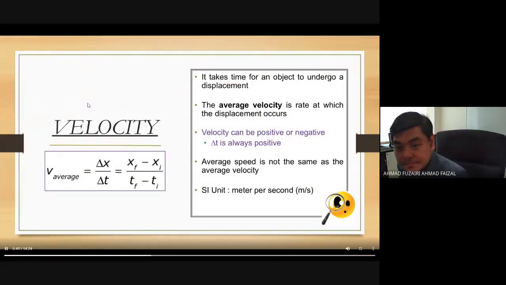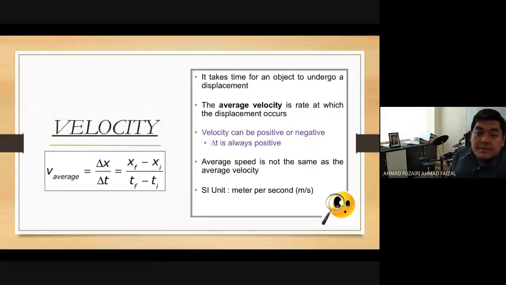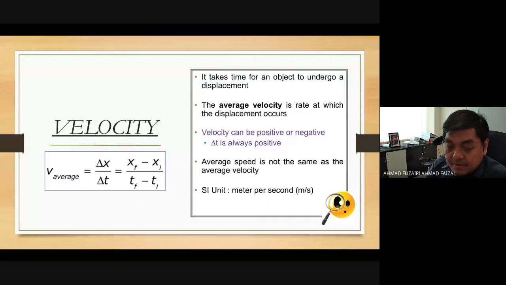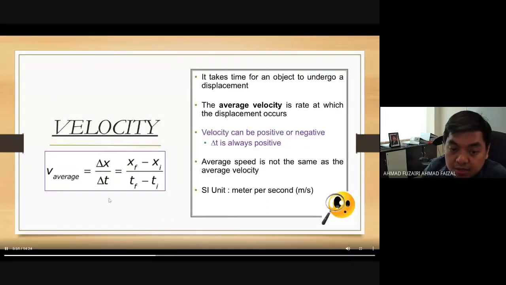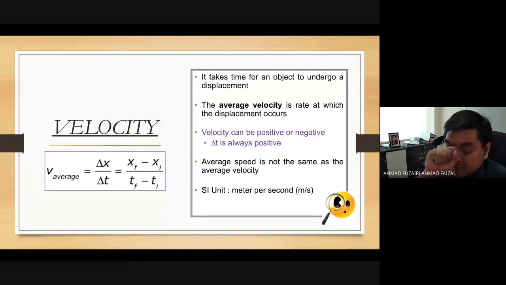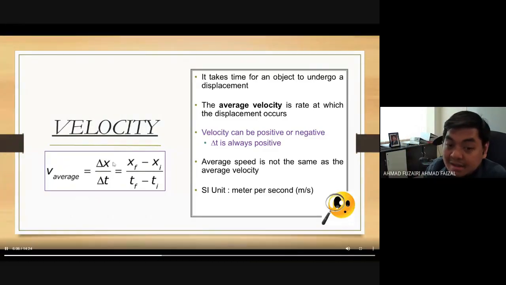Okay, this is velocity. As I mentioned earlier, it doesn't have much difference from speed, but it could have a difference in terms of direction, because velocity involves displacement. Displacement is delta x, while delta t is the change in time.